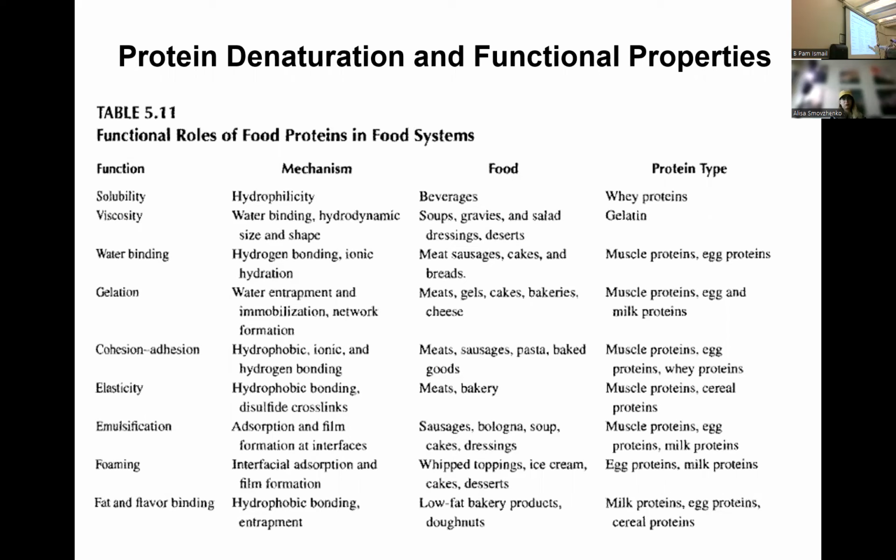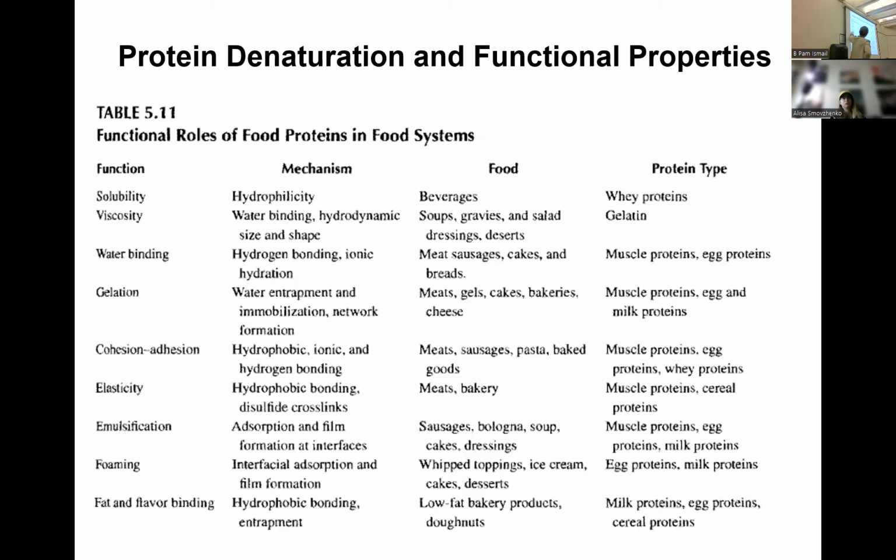But here you have the functionality, and then you have the mechanism. So solubility is impacted by hydrophilicity. Gelation is water entrapment and network formation, and so on.